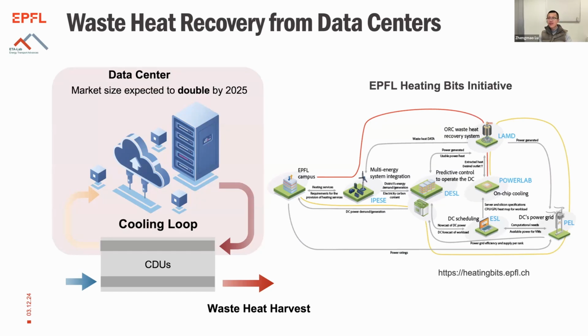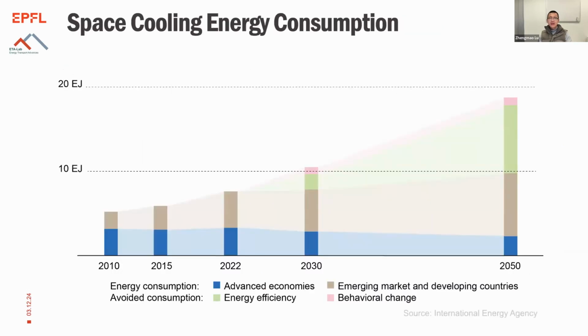So cooling is not only a chip problem, it's also a system scale problem. Here I'm showing a graph, basically the prediction from the International Energy Agency, trying to predict how much energy would be consumed for cooling between now and 2050. If we don't do anything about the cooling efficiency, their conclusion is the cooling energy demand will just double.